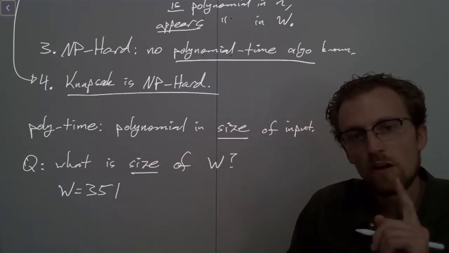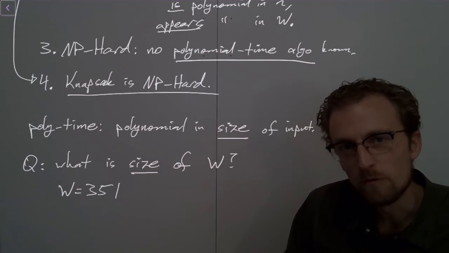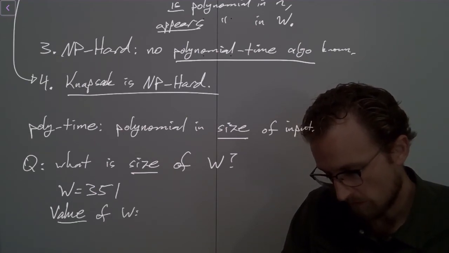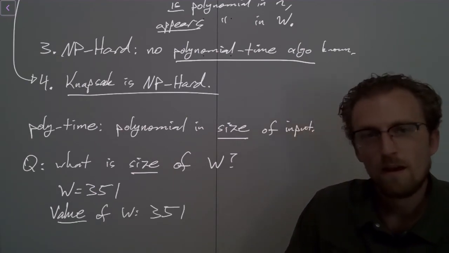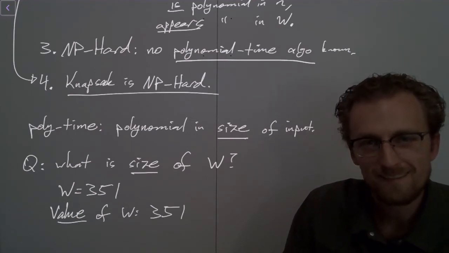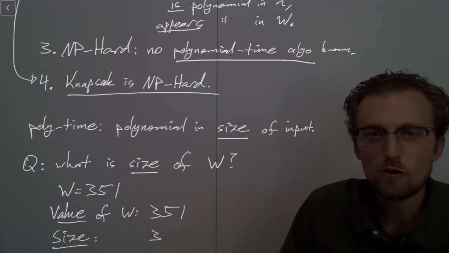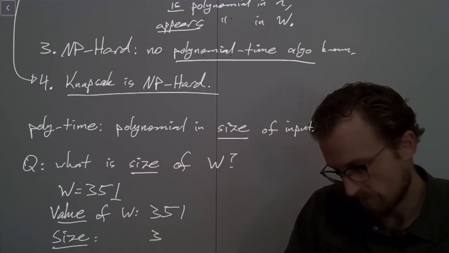And I'll say, no. The value of W is 351. The size is 3. Why 3? Because it takes 3 digits to write it down.